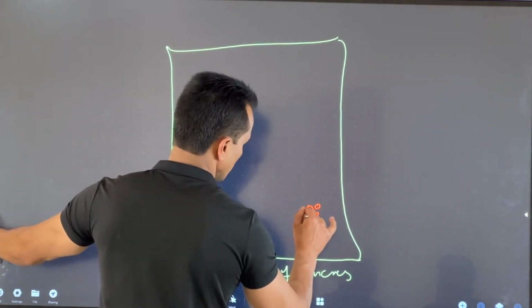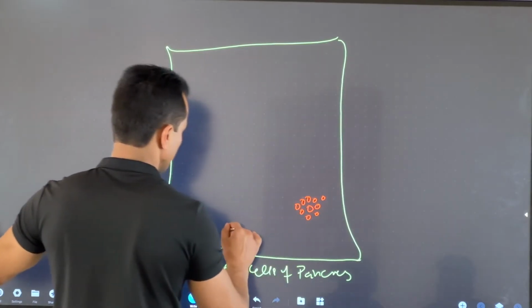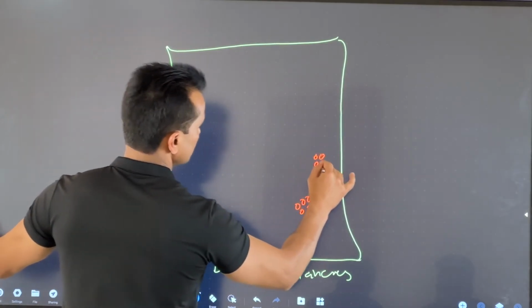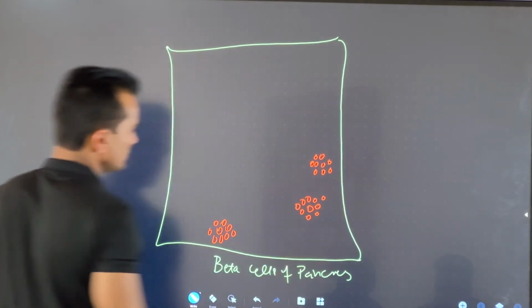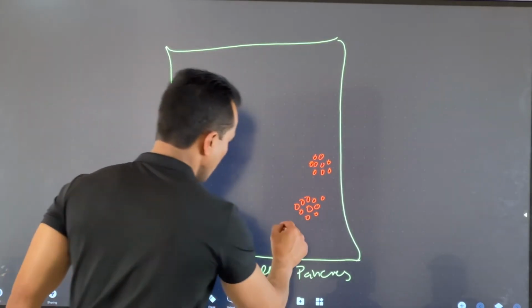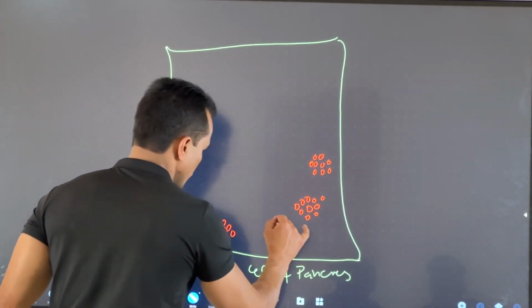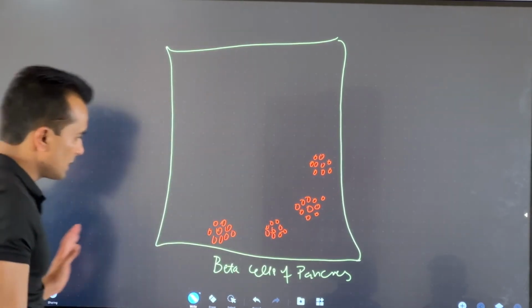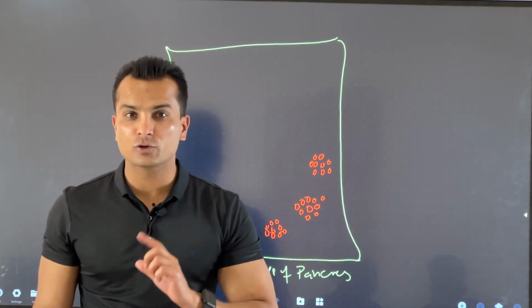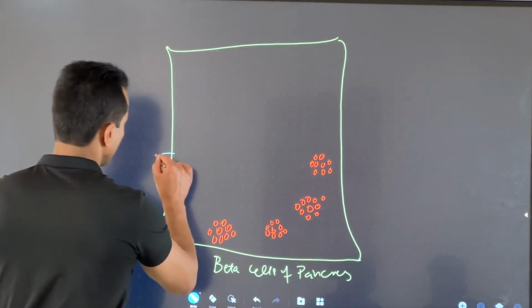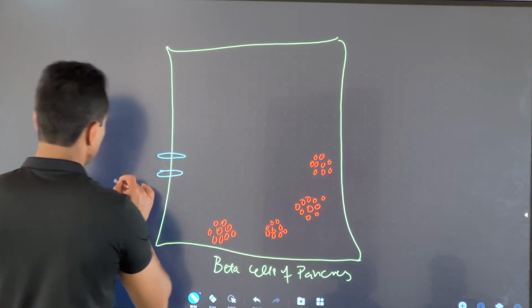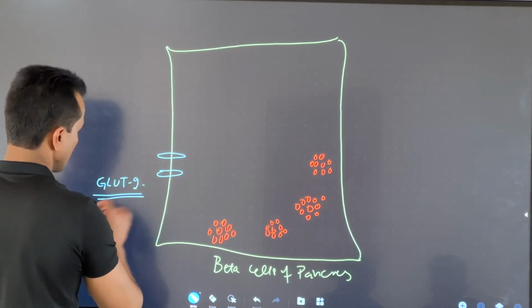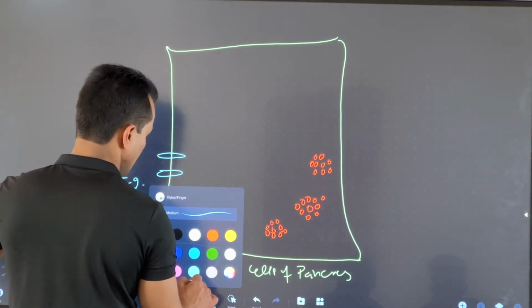These are insulin granules. So what is the mechanism of release of this insulin into your blood circulation? First glucose will enter into the pancreatic beta cell, and the transporter, as I have already told you, is glucose transporter 2. Okay, so suppose here you have glucose transporter 2. This is your glucose transporter 2, and glucose enters into the pancreatic beta cell.